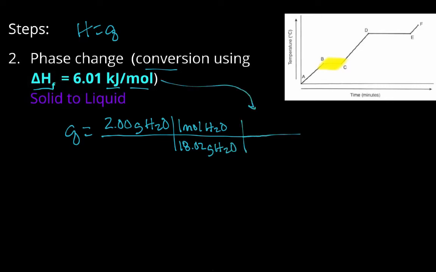Then I can use this 6.01 kilojoules per 1 mole. So that gives me 0.667 kilojoules. So that's how much energy is required to change 2 grams of water from a solid to a liquid. Okay, so that's my second step.